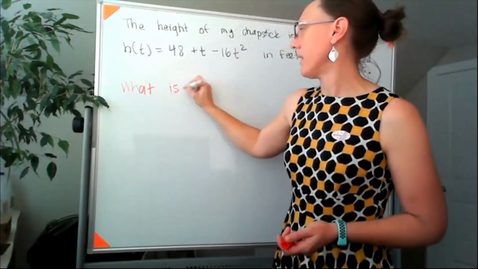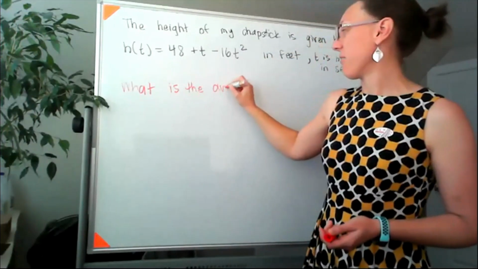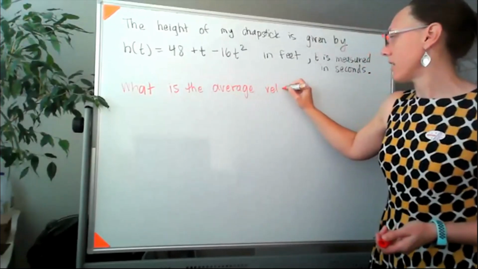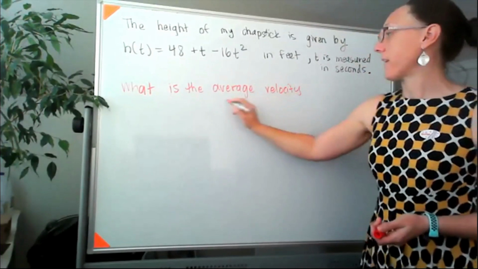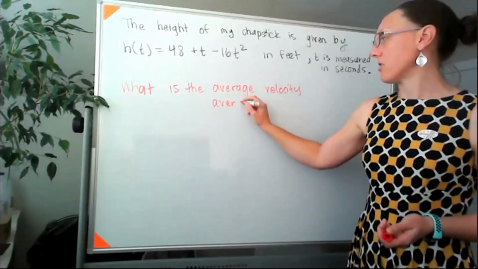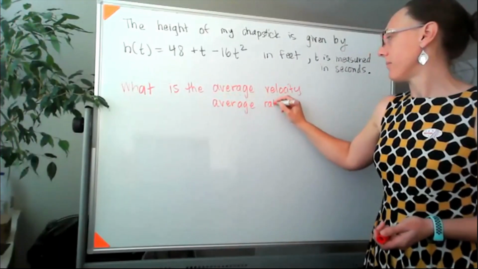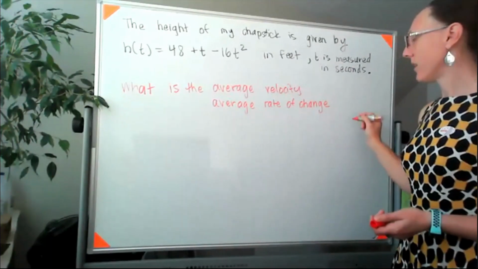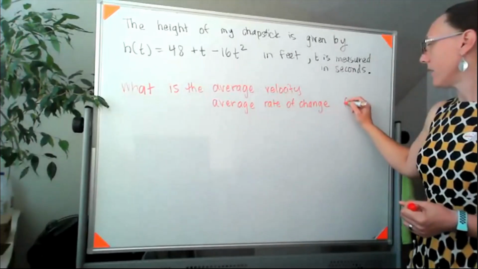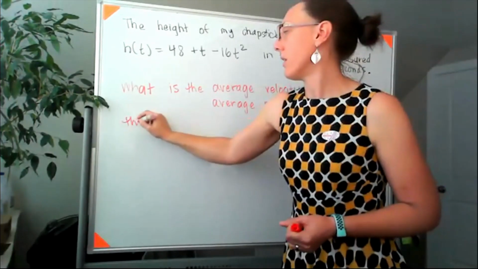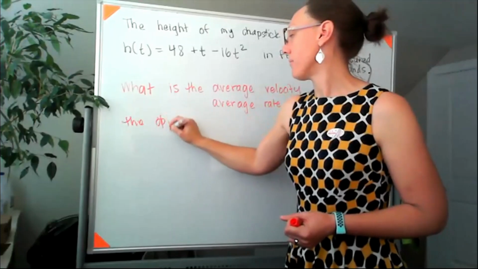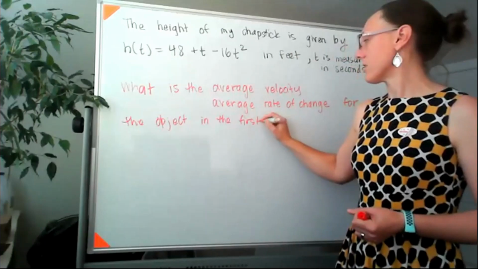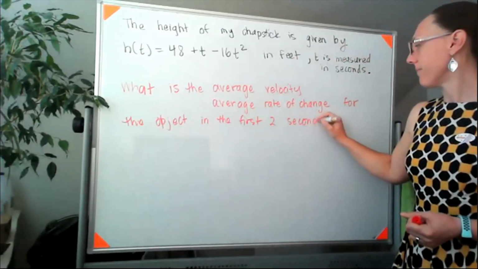What is the average velocity? Or I could also say average rate of change for the object in the first 2 seconds.